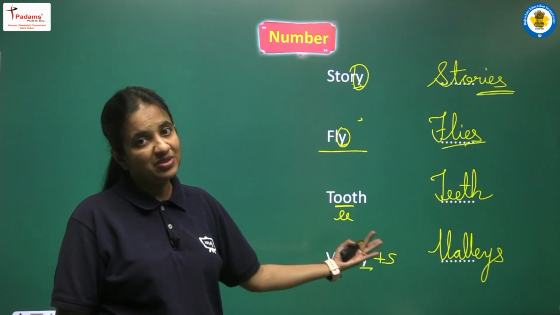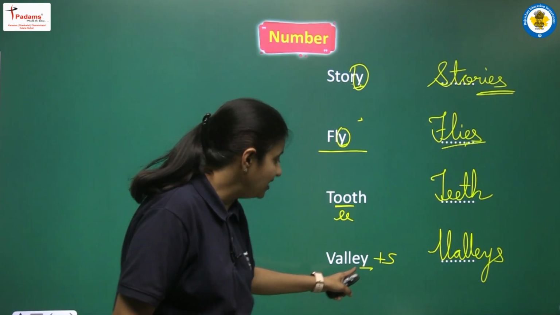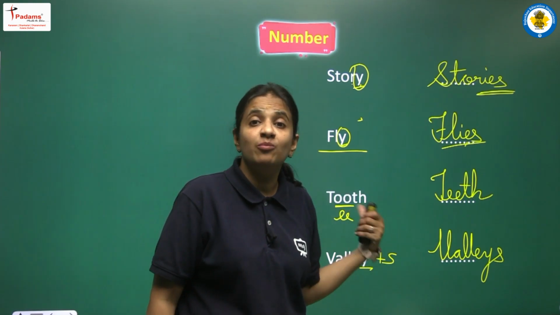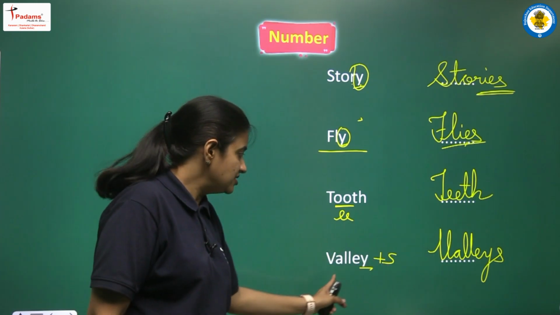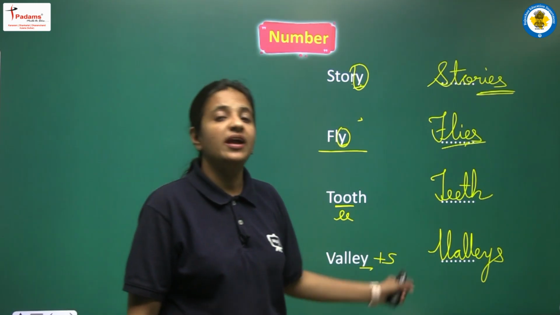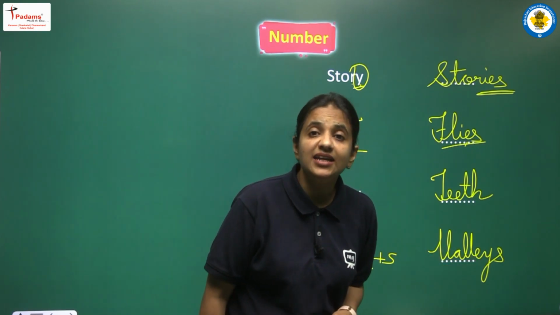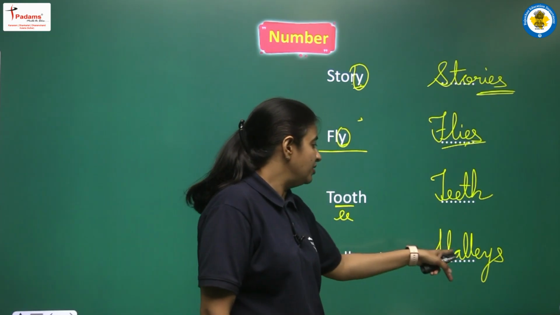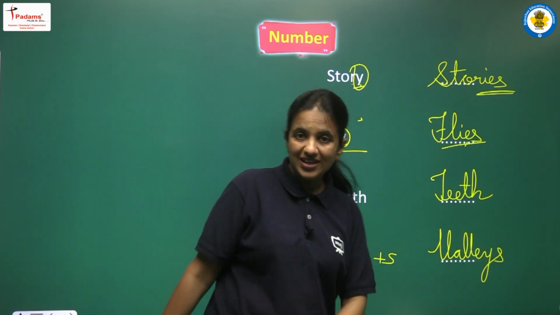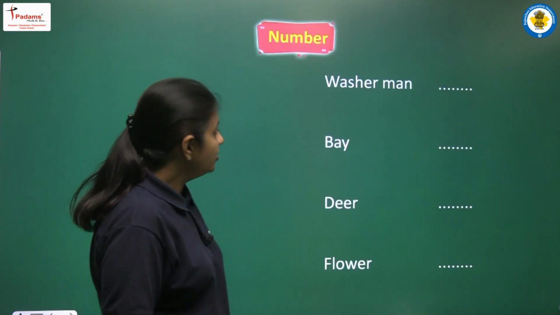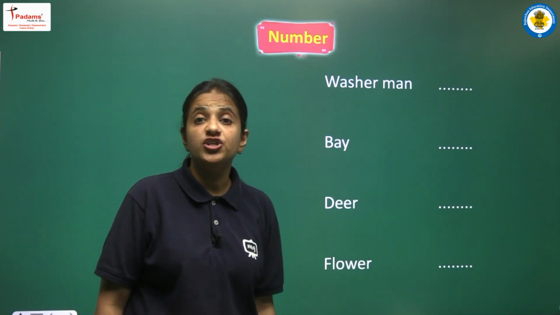So we are doing the same thing here. We are having valley, so we don't need to remove this Y, but we have to add S after the spelling. So valley is a singular noun, and the plural will be valleys. And what will be the spelling? It will be VALLEYS.